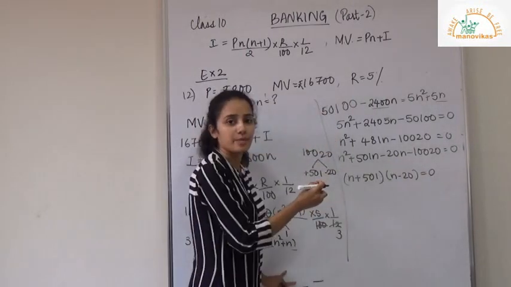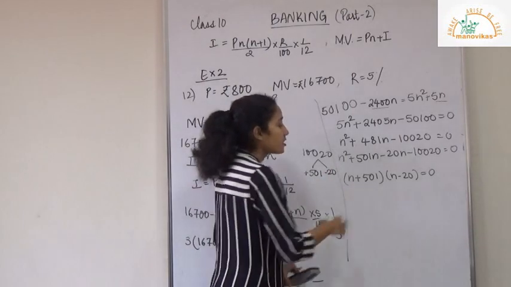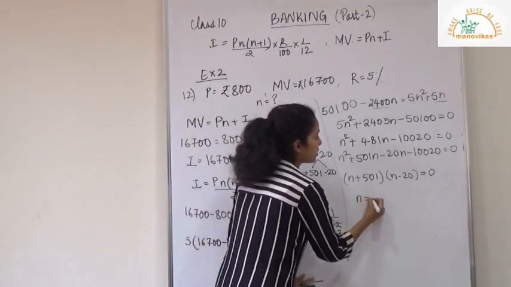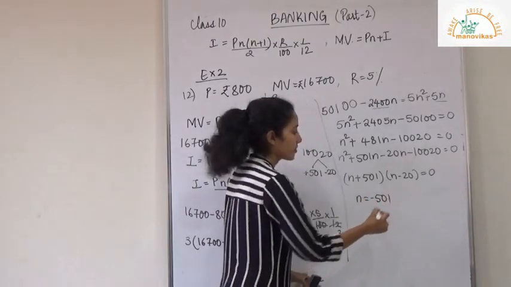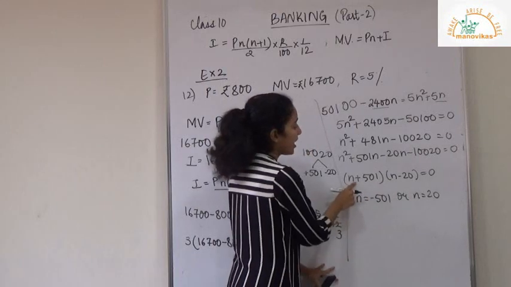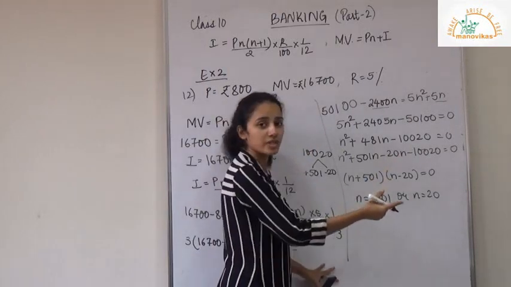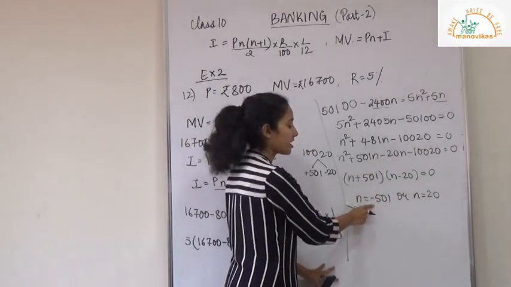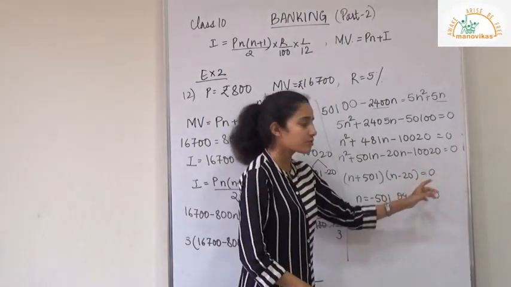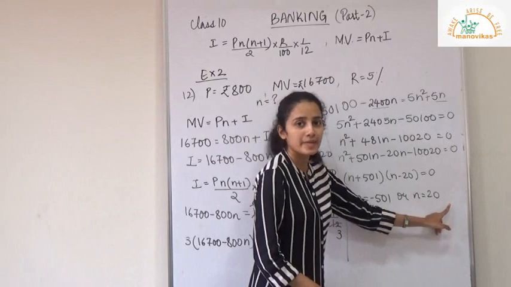I am skipping one step here. Next, using the zero product rule, you will be having n equal to negative 501 or n is equal to 20. That is n plus 501 equal to 0. So when I take it on the other side, I have here negative, and the other one is n minus 20 equal to 0. Therefore, n equal to 20.